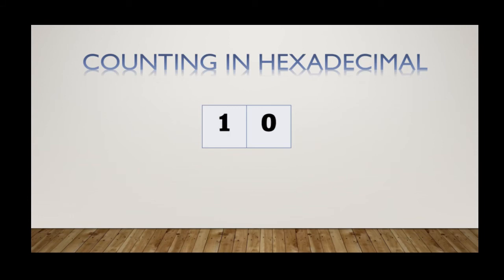And then we again start counting and incrementing the rightmost character, again from 0 through F, and then when that hits its maximum, we increment the character to the left up to 2, and then that goes on, incrementing so on and so forth in all 3 of these counting systems, whether we're counting in binary or decimal or hexadecimal. It works exactly the same way, with the only difference being how many characters are available for each digit within each counting system.